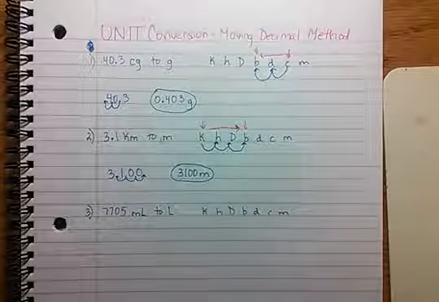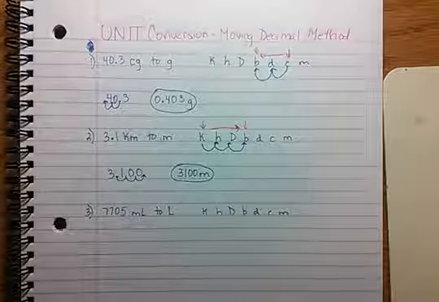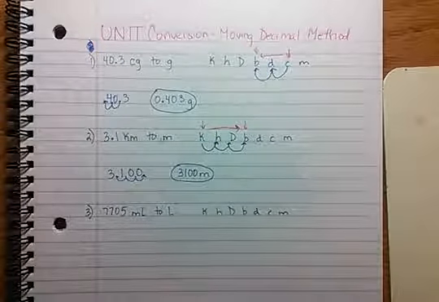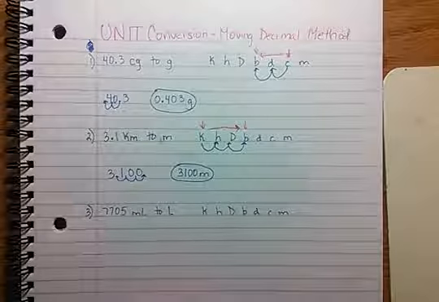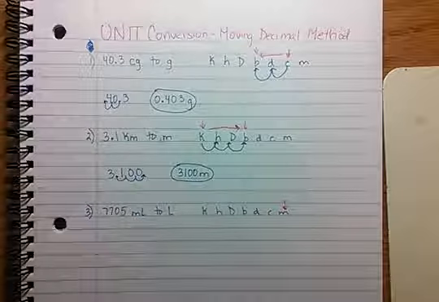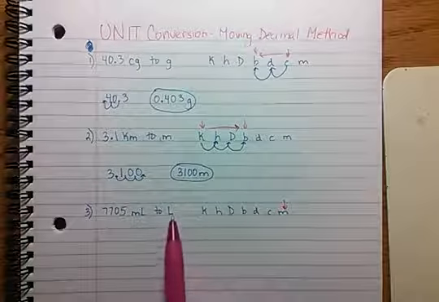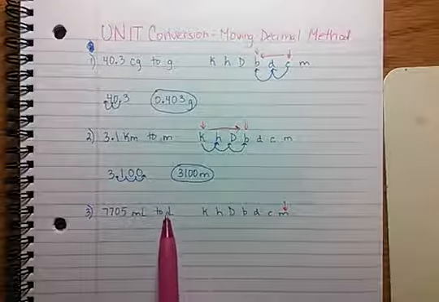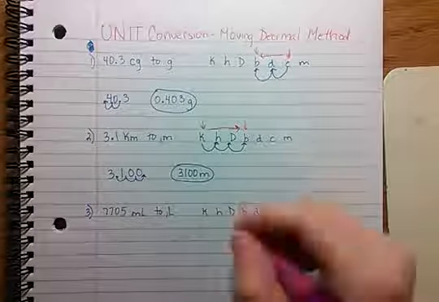Okay, I'm going to assume you've paused the video and tried this problem. Where are we going here? Well, we're going from M, that's our first prefix. And where are we ending? Well, L stands for liter. It's a base unit. We know that because there's no other letter here. There's no prefix.